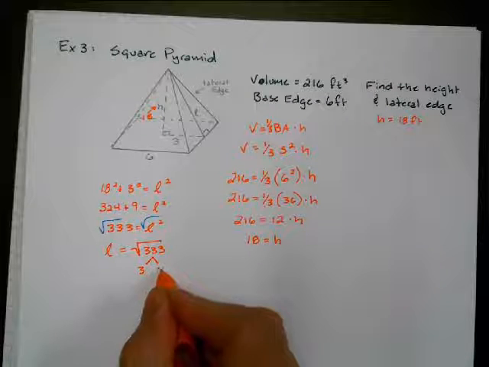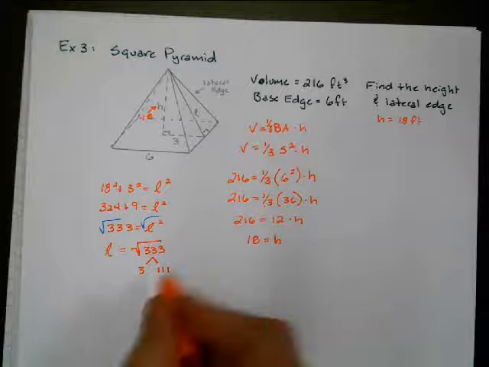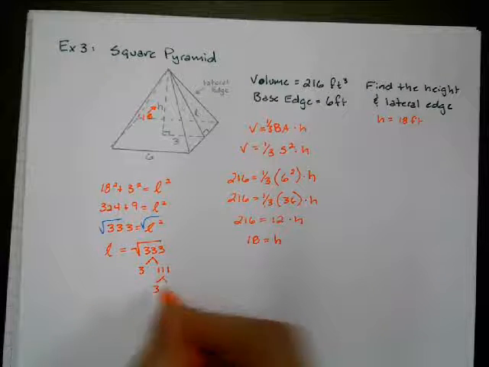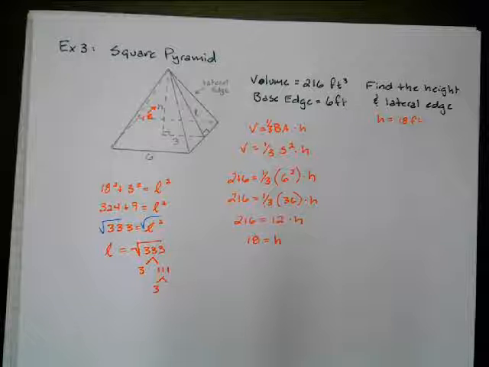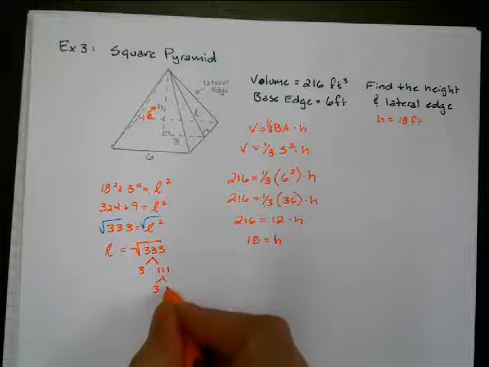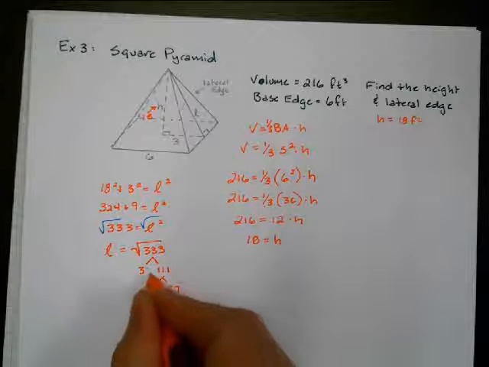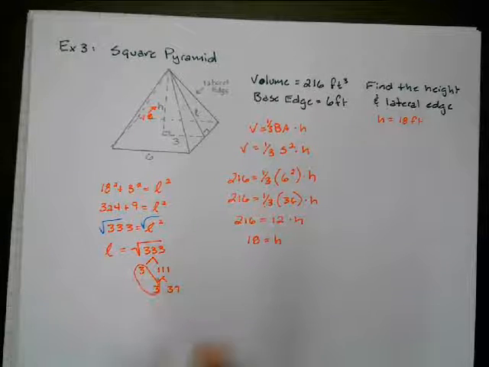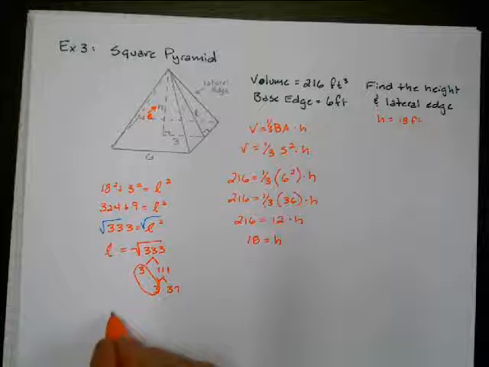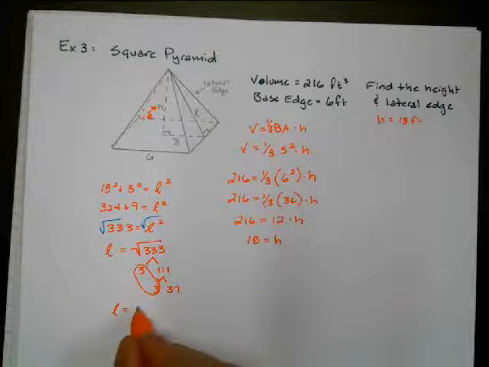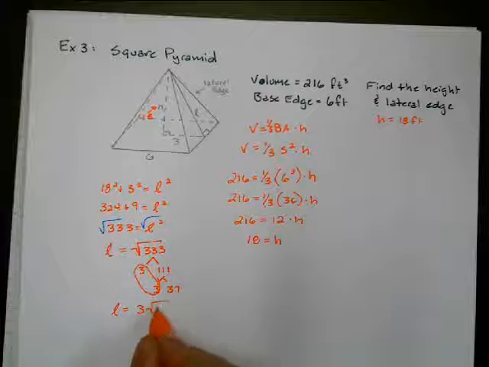And 3 has to go into that. Oh, I forgot about that. It does reduce. 111 divided by 3 comes out to 37. Almost forgot. So I end up with 3 root 37. All right, so that is L right here.